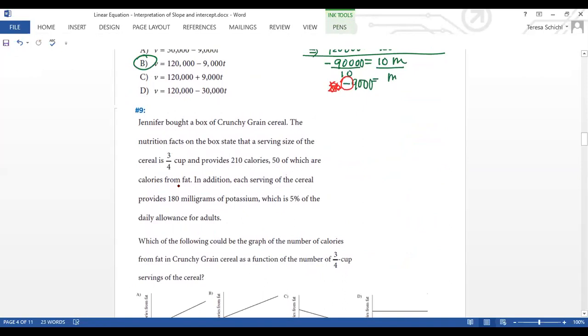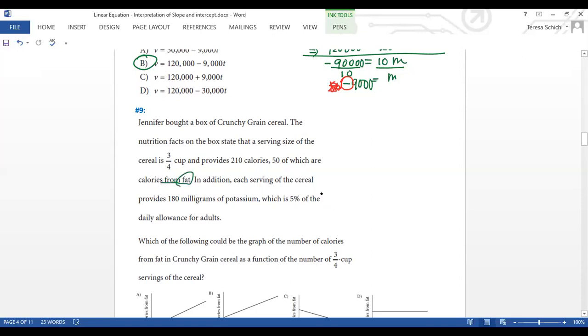Okay, now let's take a look here. Number 9. They say Jennifer bought a box of crunchy grain cereal. The nutrition facts on the box state the serving size of the cereal is 3/4 a cup and provides 210 calories, and 50 of which are calories from fat.